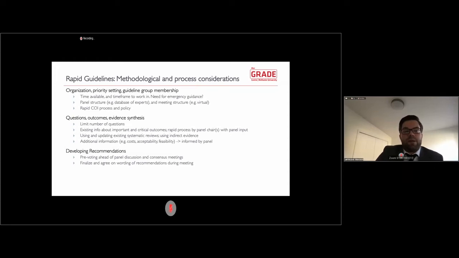In terms of developing recommendation, we could use a process of pre-voting as well ahead of any panel discussions and consensus meetings so that the whole panel has a chance to review the research evidence, propose some judgments and potentially draft recommendations, and have that information available and that preliminary and preparatory work in order to have the consensus meetings be more efficient when it comes to making the final recommendation.